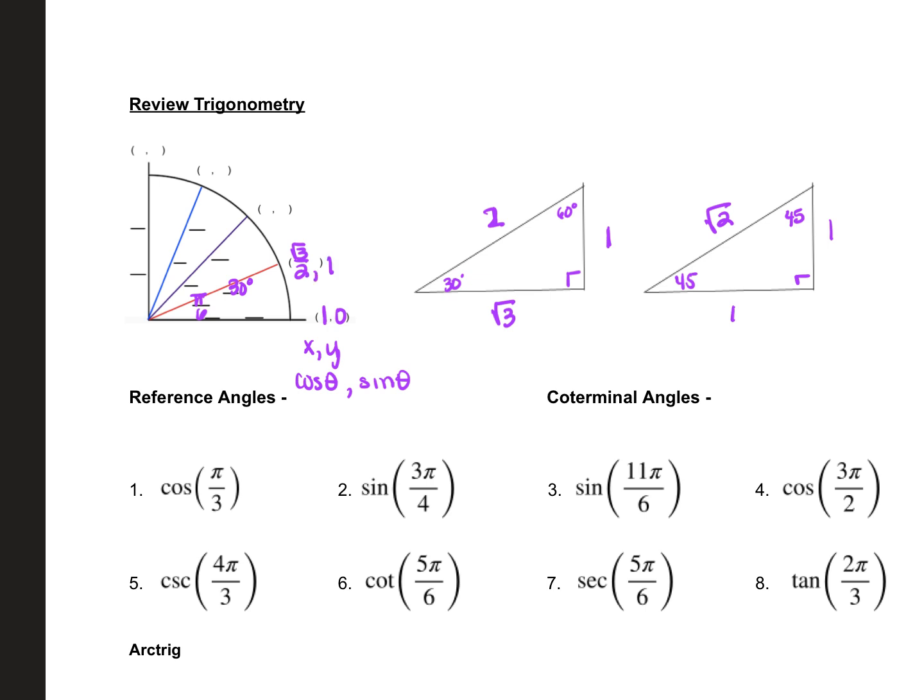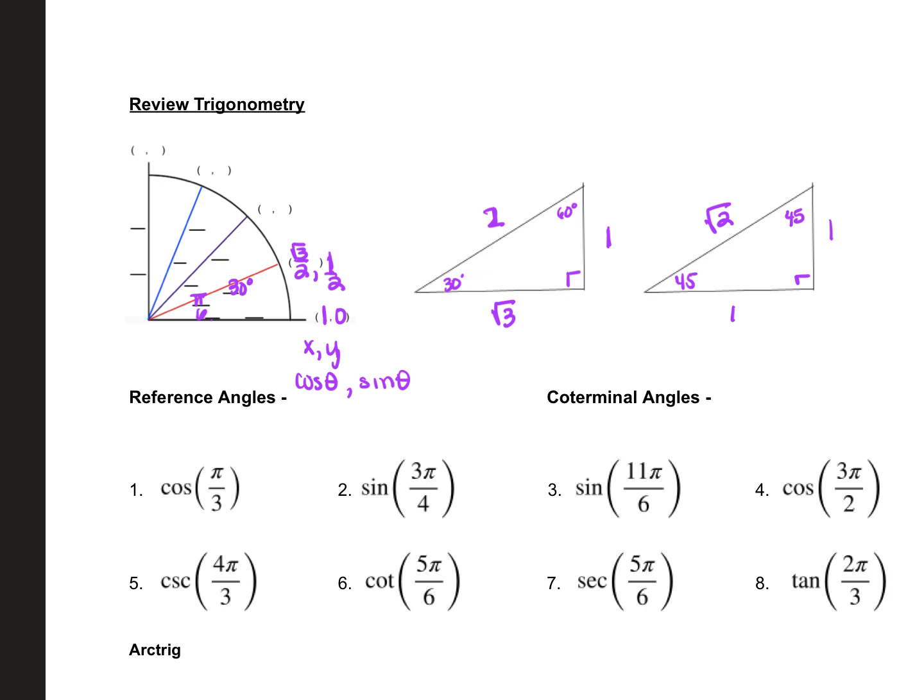So you're going to do the cosine of pi over 6, or the cosine of 30, and cosine is adjacent over hypotenuse. And then the sine of 30 would be opposite over hypotenuse. And I meant to write 1/2.